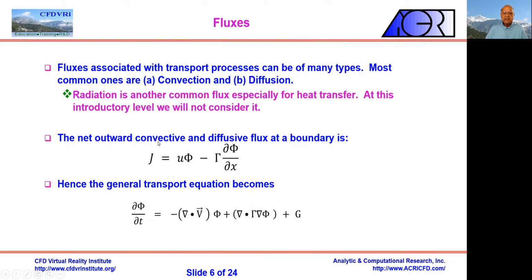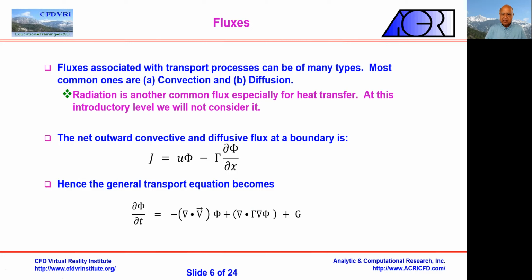Now let's look at the net outward convective and diffusive fluxes at a boundary. The flux J at a boundary by convection is equal to the velocity that is carrying the fluid with it, and the property with it. So that's U times phi, minus gamma, which is the diffusivity coefficient, times the gradient. Diffusivity is essentially a representation of the molecular motion, which is random and Brownian.